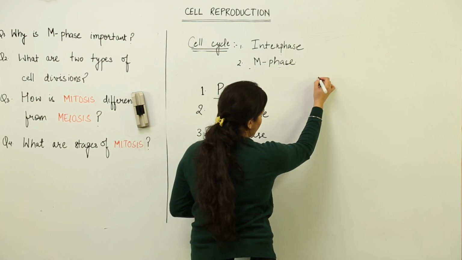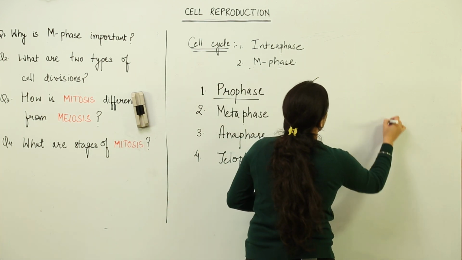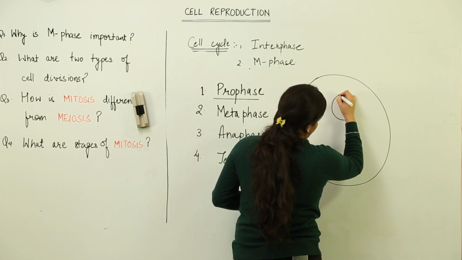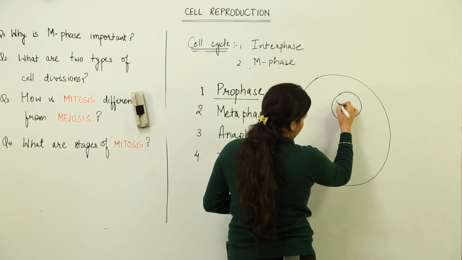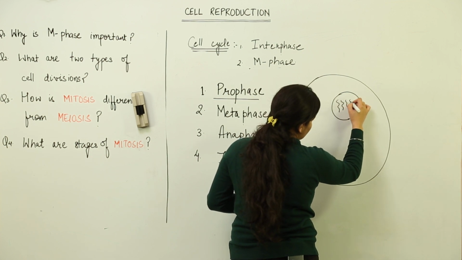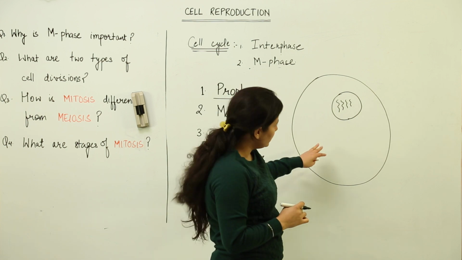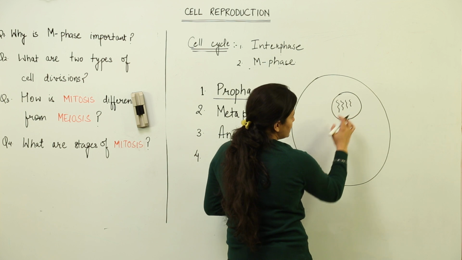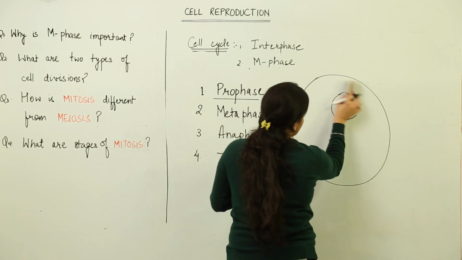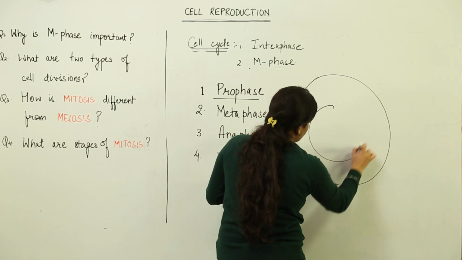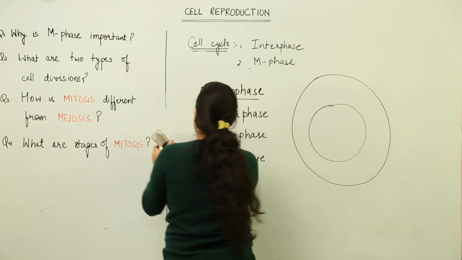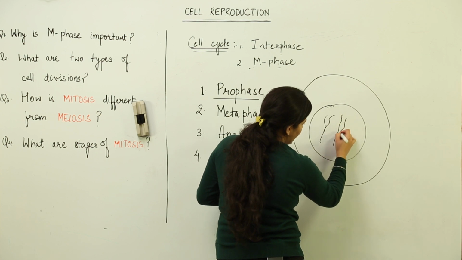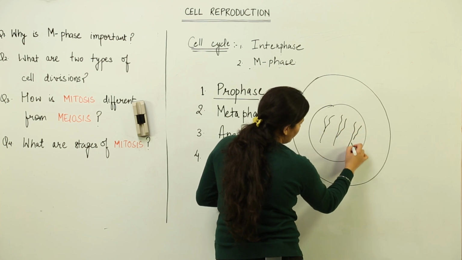Prophase is the stage when the cell is entering the M phase, where the nuclear chromatin material is getting condensed. This is the cell, this is the nucleus. I would make the nucleus larger so that you get an idea that this is the primary organelle involved in cell division. Here is the chromatin material. It starts getting condensed during the early prophase stage.